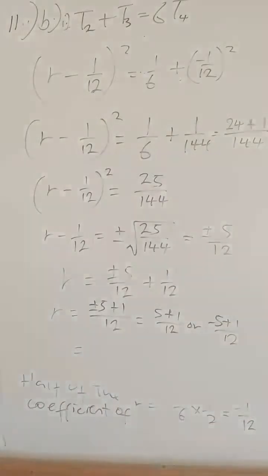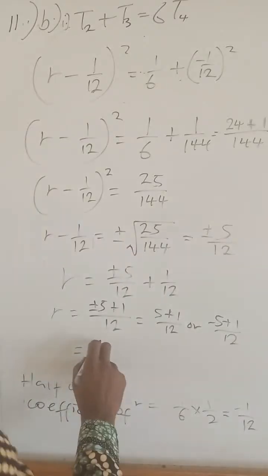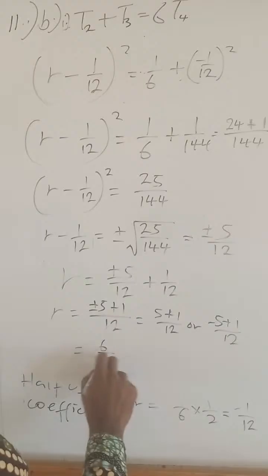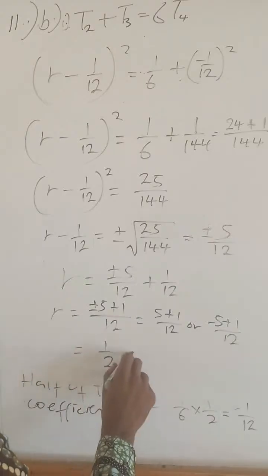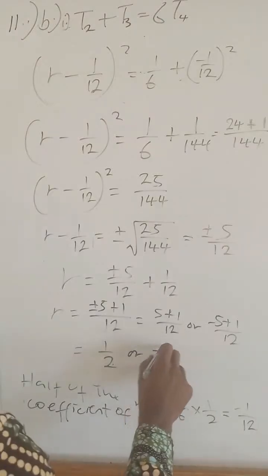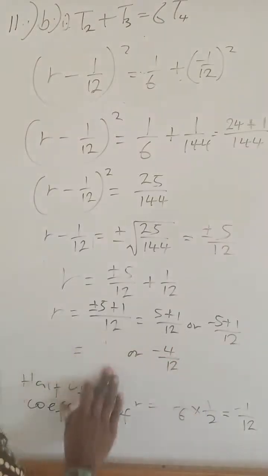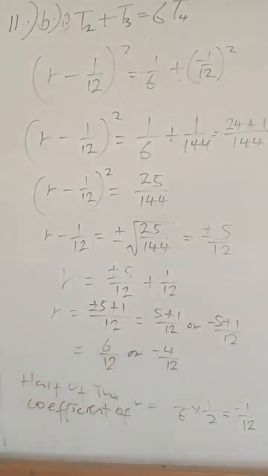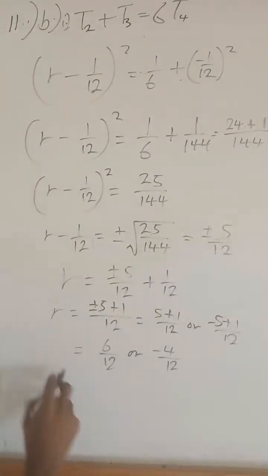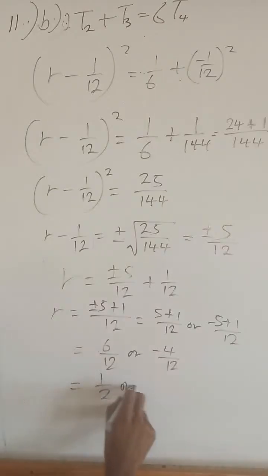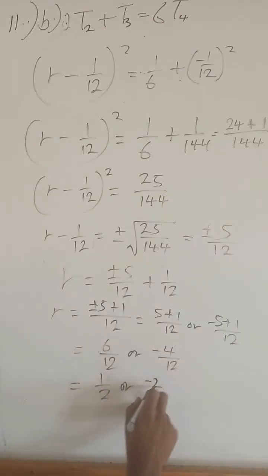And therefore, the two possible values of r, the common ratio, are 6 over 12, which is 1 over 2, or minus 4 over 12. Let me just write 6 over 12 here and wipe this out. You have 1 over 2 or minus 1 over 3.